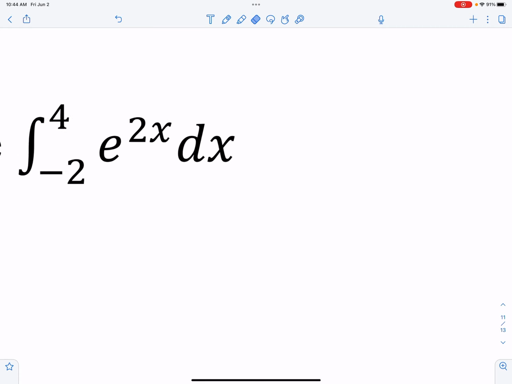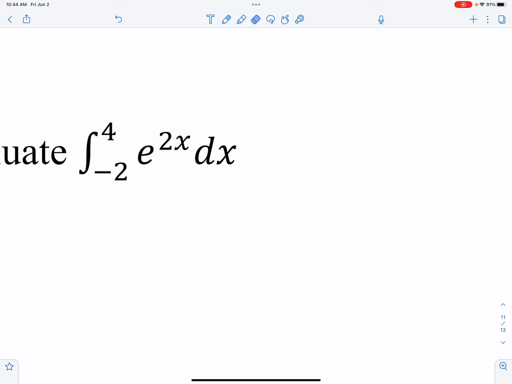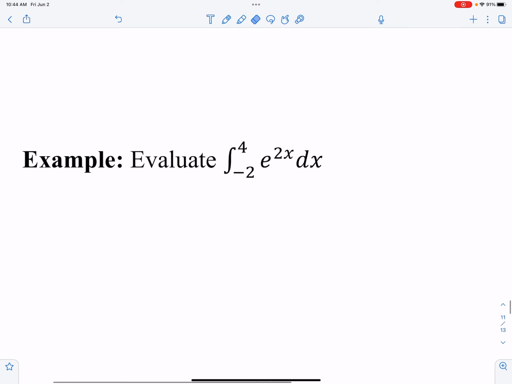So we want to evaluate this definite integral. To integrate this, we have to do a u substitution. Remember, when you are doing a u substitution, you are rewriting the integral in terms of u.